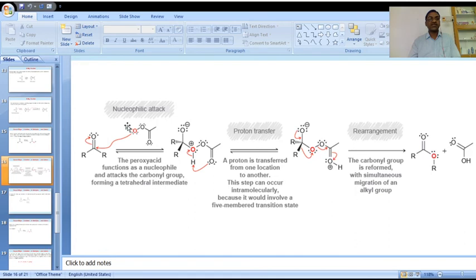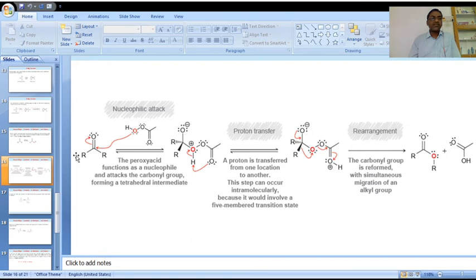The first step is called nucleophilic attack, the second step is the proton transfer step, and the last one is the rearrangement step. Finally, we'll get an ester compound. How the reaction proceeds and what intermediates are formed in the reaction, we'll discuss clearly.